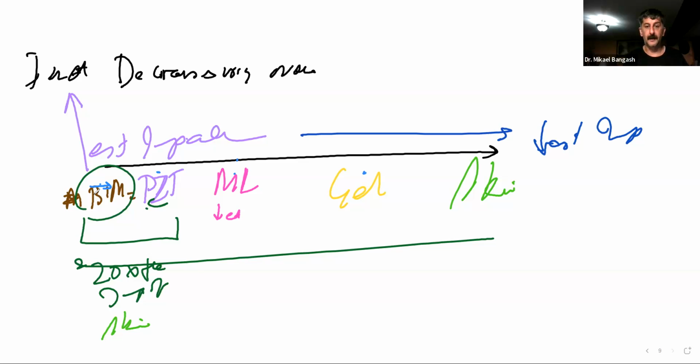But this further decrease in the impedance between the matching layer and the gel causes more sound energy in this case to be transmitted to the skin.